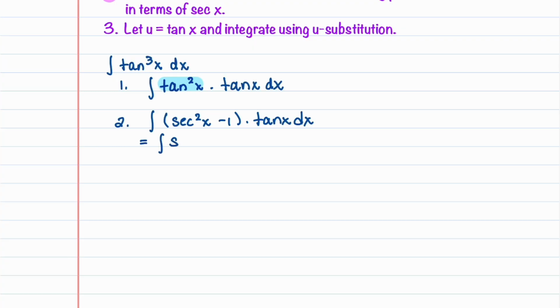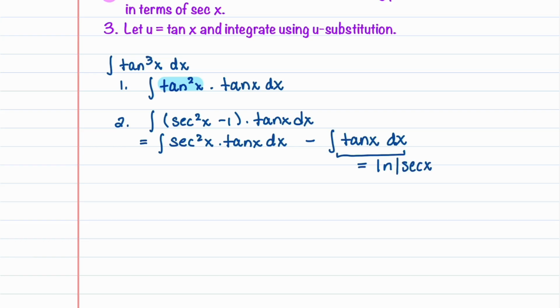Our first integral, we have secant squared x times tangent x dx, and then we have minus the integral tangent x dx. For this second integral, we can just use the formula. The integral of tangent x is the natural log of absolute value secant x. You just get that by rewriting tangent as sine over cosine and then using u-substitution.